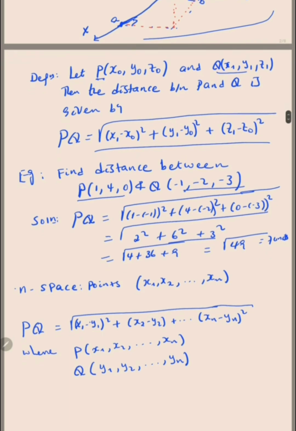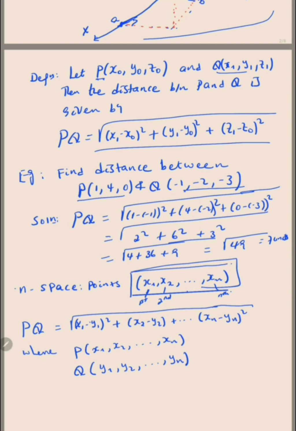So in general, we can represent points in n-space as n-tuples of numbers, and we can call each one a coordinate like this. The first one is the first coordinate, this one is the second coordinate, and so on, until we have the nth coordinate.